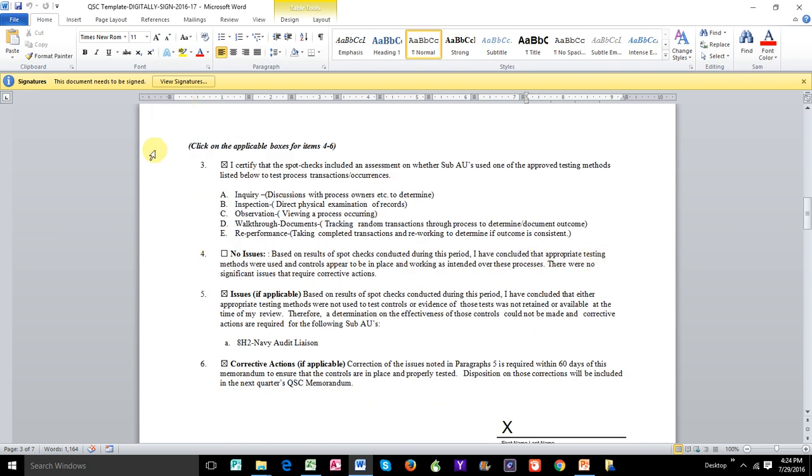And then there's a statement down below where the MIC coordinator certifies that during your spot check, the sub-AU used one of these methods, meaning that they stated that they observed something, that they inspected something, that they talked to someone, or they did a reperformance of something to come up with the same answer as that they reviewed.